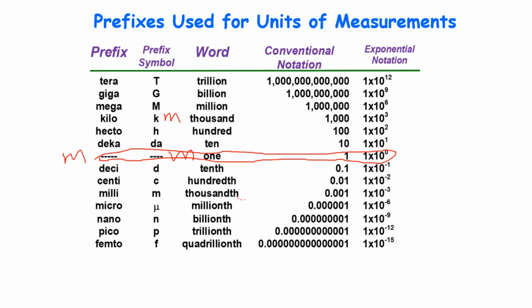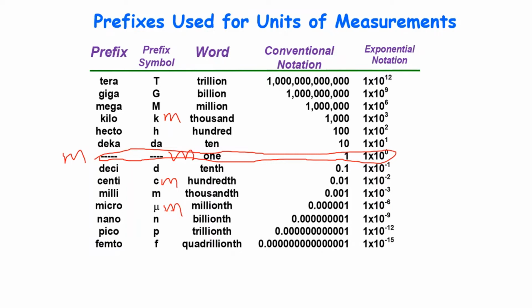If you go to a smaller unit, let's say centimeters, centi is 1/100th of a meter, 0.01 meter, or 10 to the negative 2 meter. We can also go to micrometer, mu m, which is one millionth: 5 zeros and then a 1 in the 6th decimal place, or 10 to the negative 6 meters.